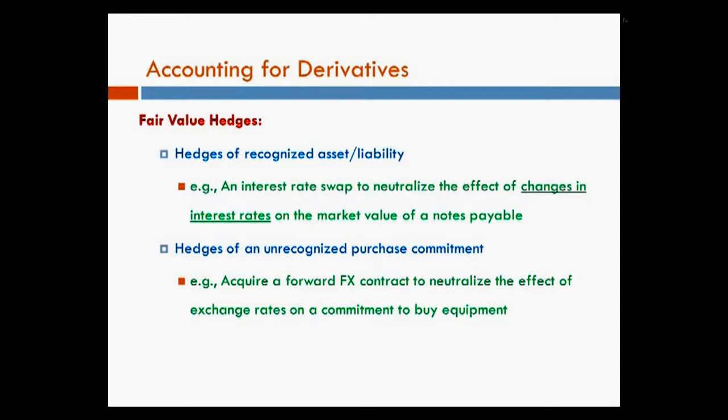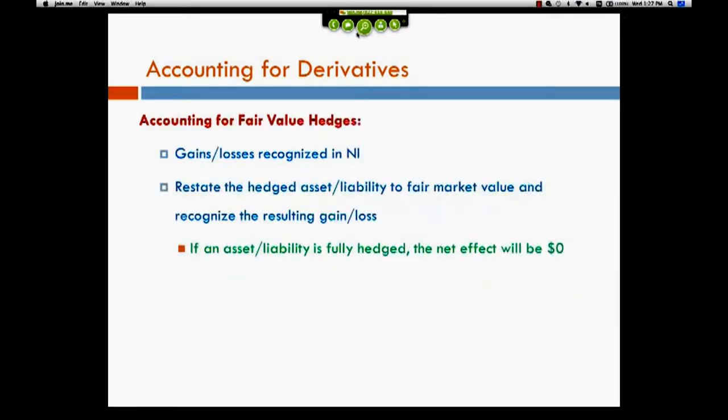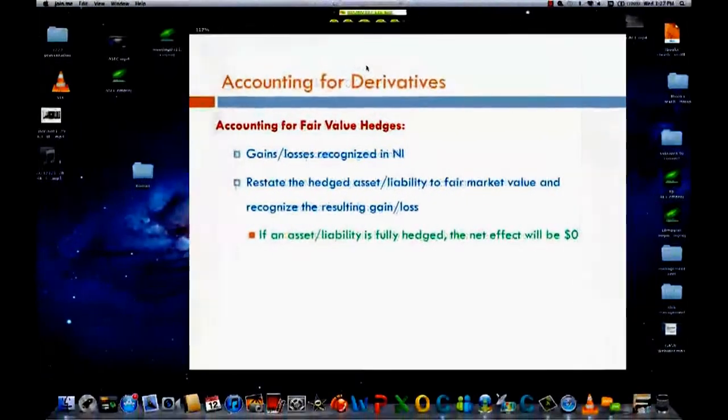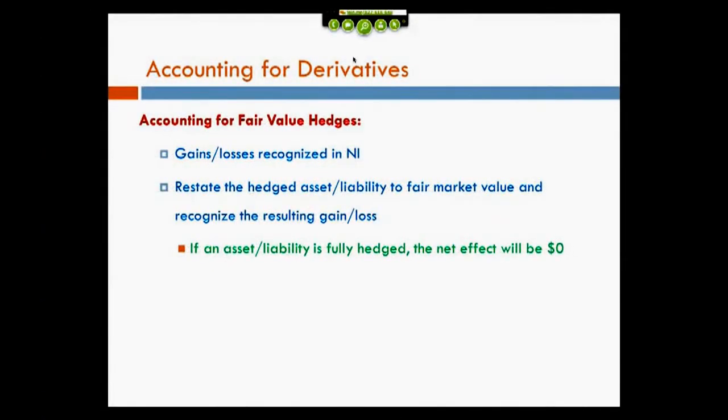So these would be fair value hedges, to lock in value. You would recognize any gain or loss as part of net income. If this is done right, the net effect is zero.